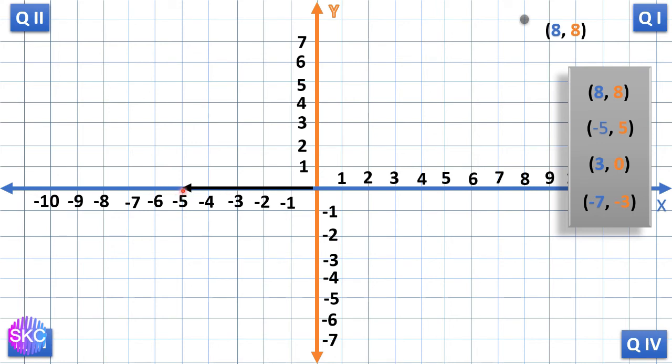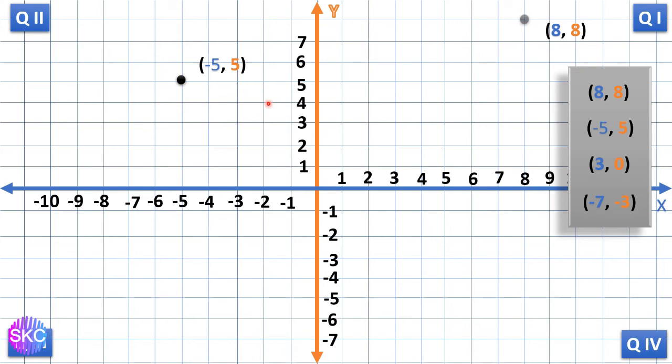And then, from negative 5, we count 5 units up. Kasi positive yung y. And then, the end of the arrow means that that is the point where negative 5, 5 is located. So, I hope nasusundan nyo kung ano yung ginagawa natin.